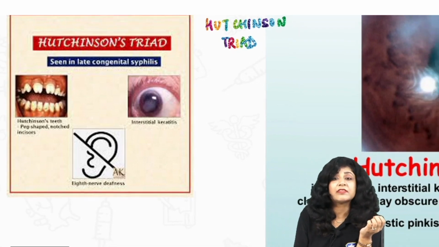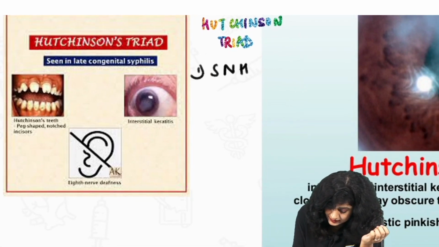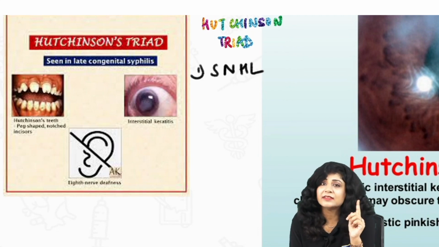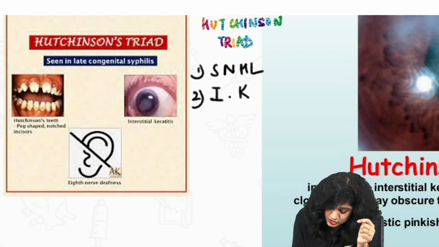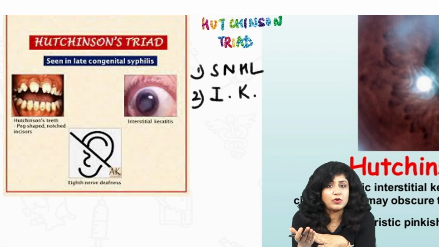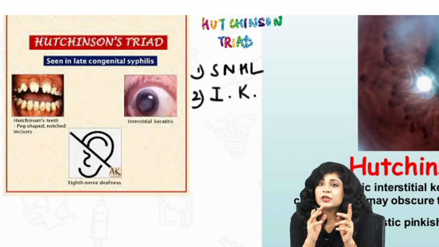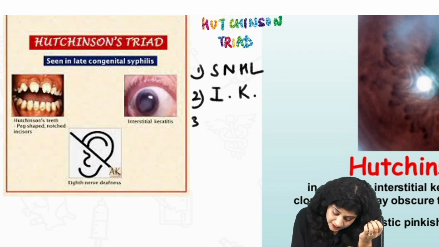What are these three things? One is sensorineural hearing loss, vestibular deafness, that is given in the question. Number two, we have interstitial keratitis. Interstitial keratitis can lead to corneal opacity. I will also tell you what interstitial keratitis is. And the third thing is the Hutchison teeth.